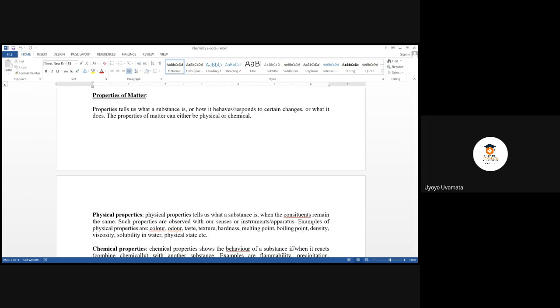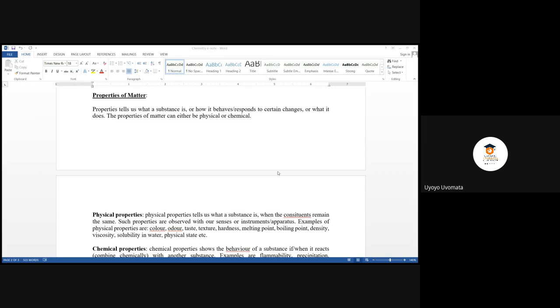The properties of a substance tell us what a substance is, how it behaves, how it responds to certain changes, or what it does.